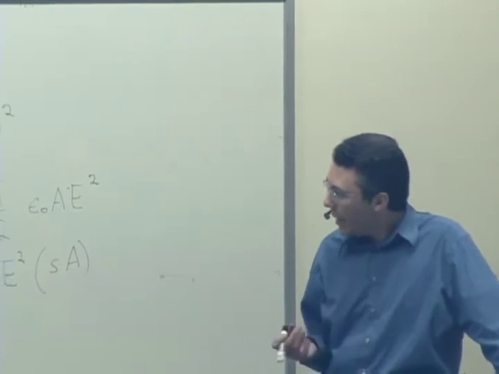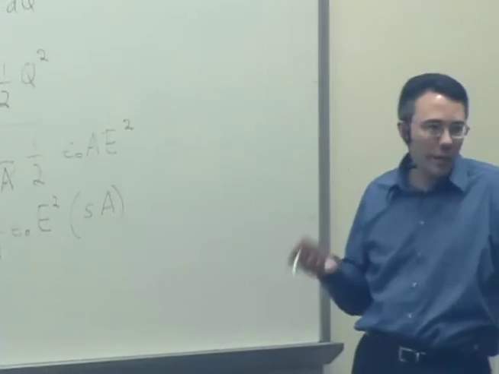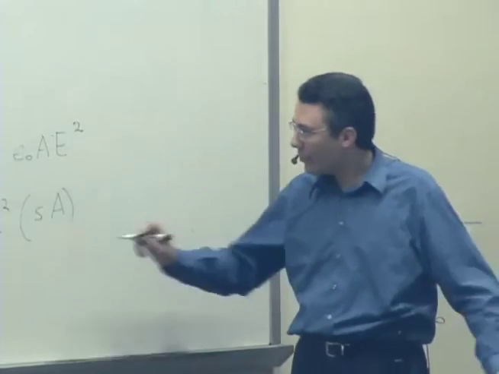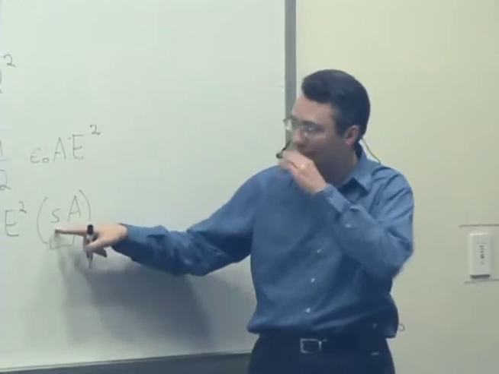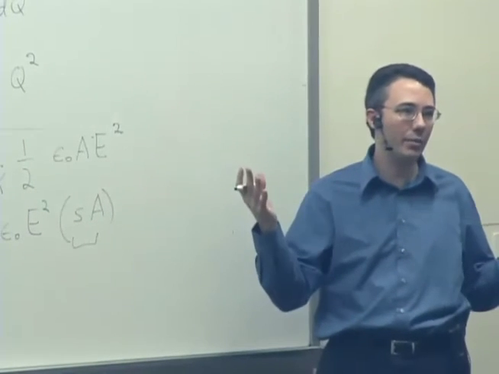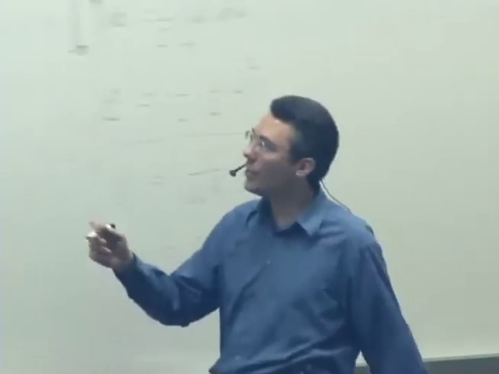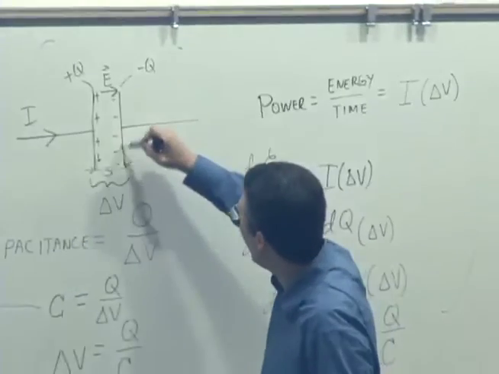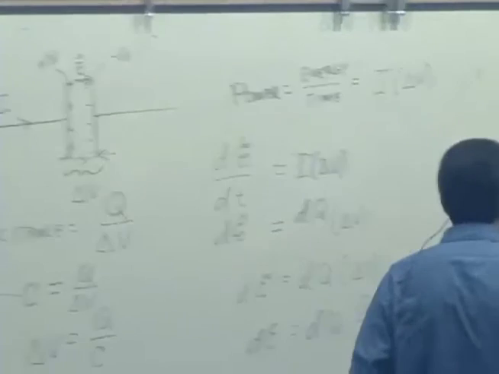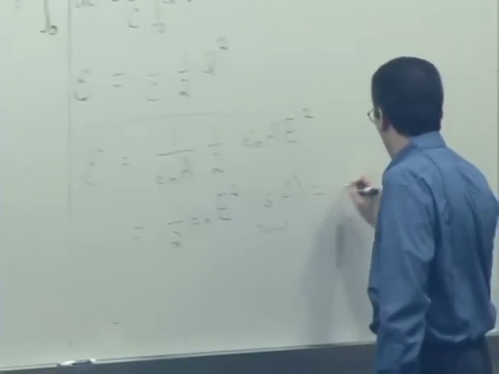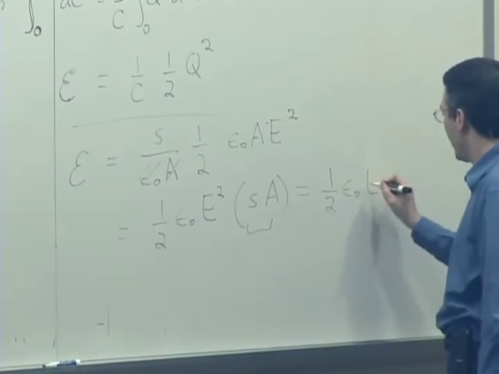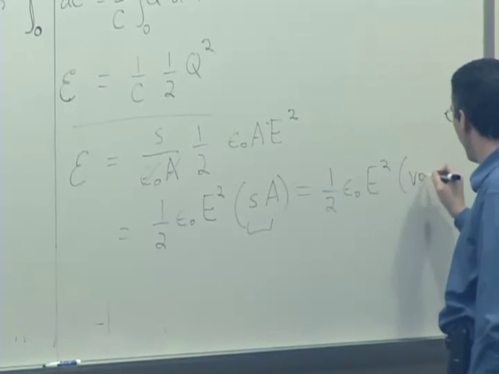Okay? And now we derived this for a capacitor, but it turns out, what's S times A? The distance between the plates times the area of the plates is going to give you what? The volume, right? The volume of the space inside the capacitor. Okay? So this is 1/2 epsilon 0 electric field squared times the volume.